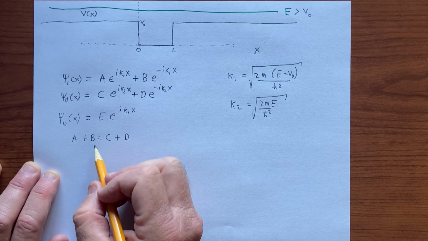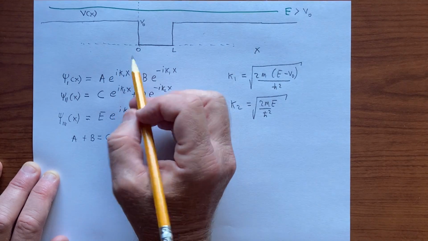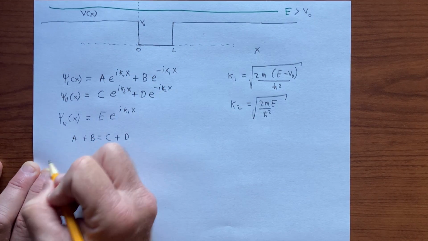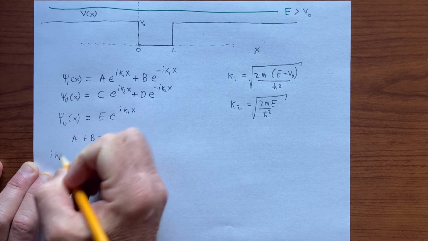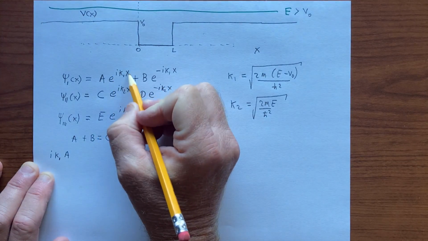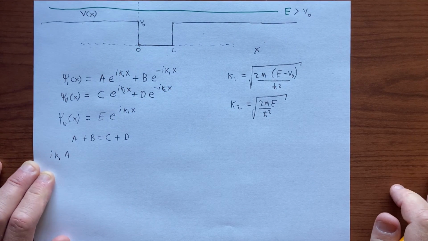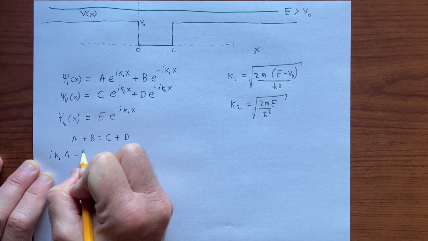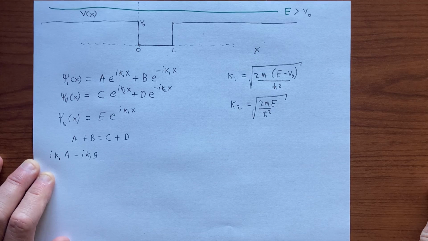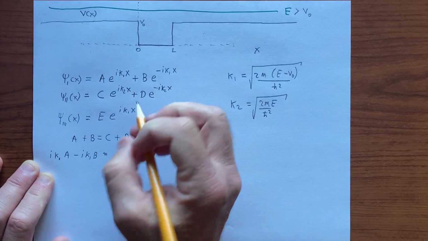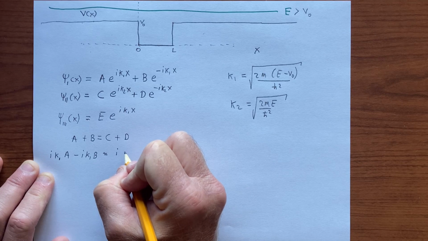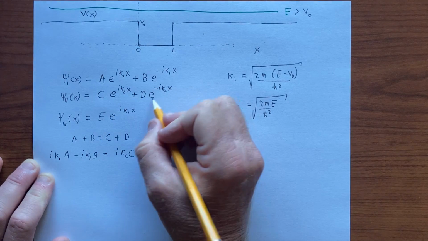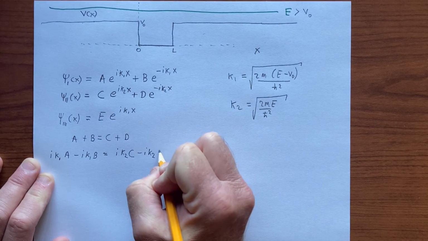The continuity of the first derivative at x equals 0 gives us i k1 a times this evaluated at x equals 0, minus i k1 b, is equal to i k2 c at x equals 0. Again, that's 1 minus i k2 d.